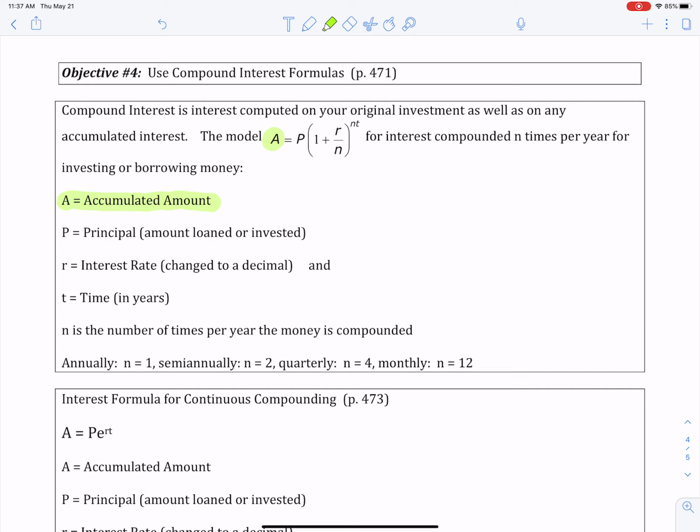N is the number of times per year the money is compounded, powered by n times t. T is time in years, and n being how many times per year the account is compounded, n times t is the total number of compounding periods for the interest.